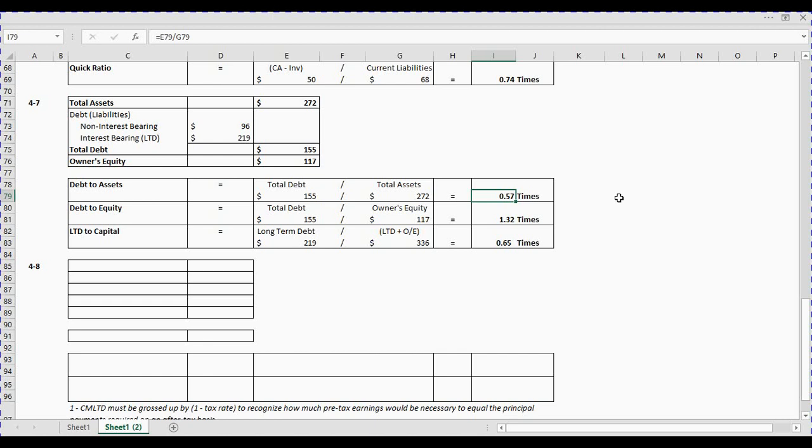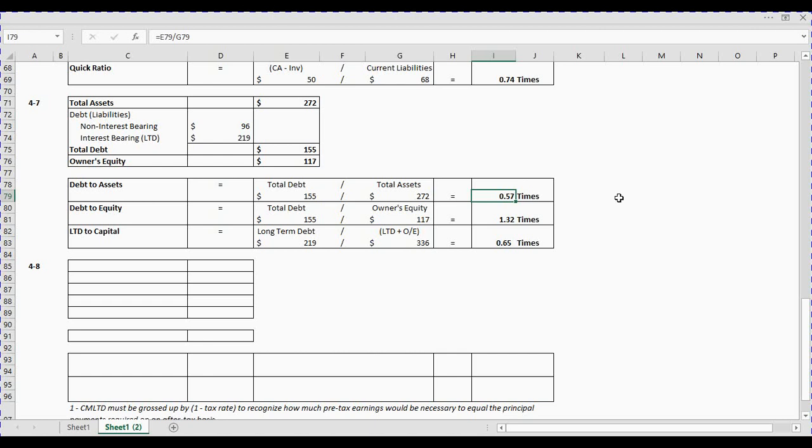In this case, lower is generally considered better, although it goes back to what I was saying earlier, that it depends on the company, and each industry has a target range of how much debt they want to use in supporting the assets of the company.